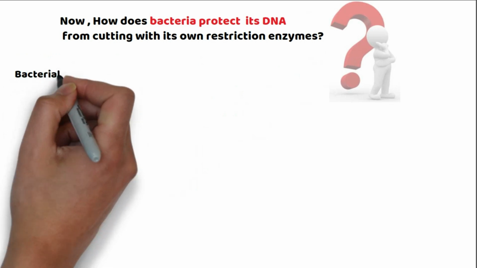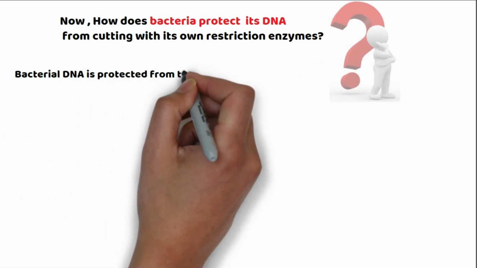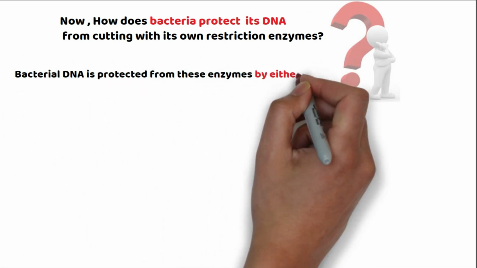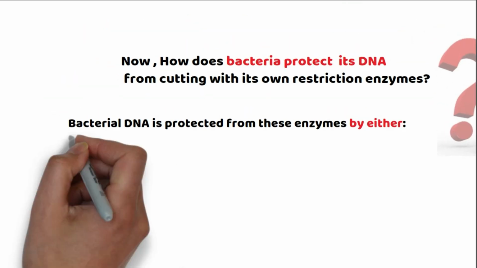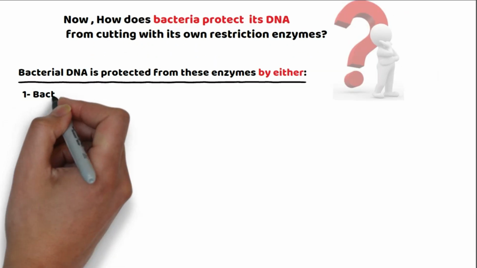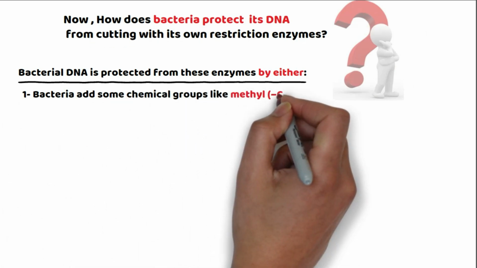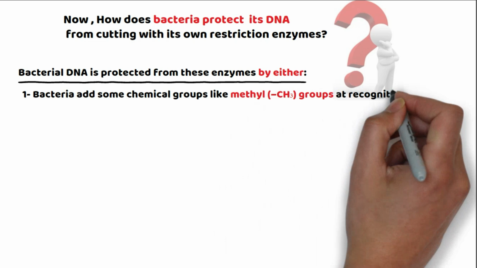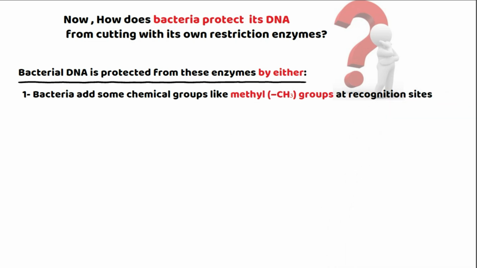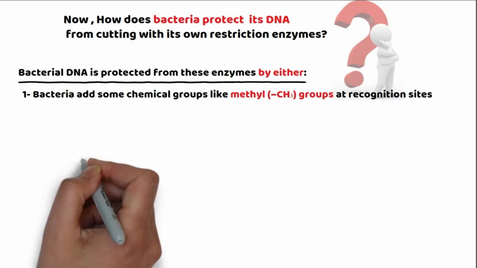This is a big question. Bacterial DNA is protected from these enzymes by either what? The first one, bacteria add chemical groups like methyl groups, CH3, at recognition sites. Okay, bacteria can modify its recognition sites by adding certain methyl groups on it.